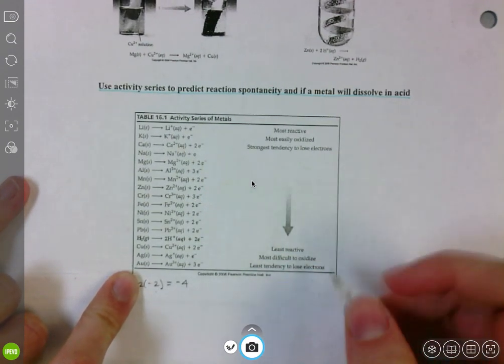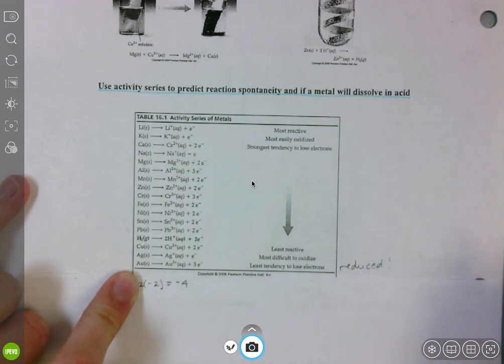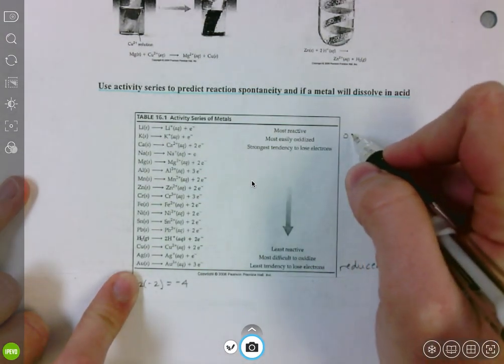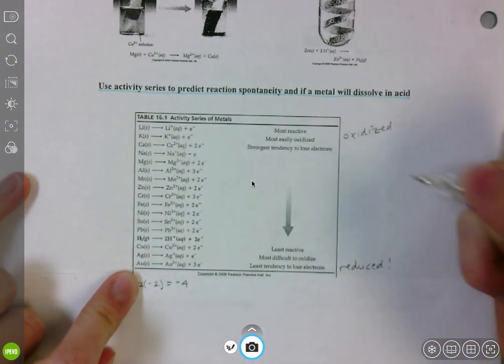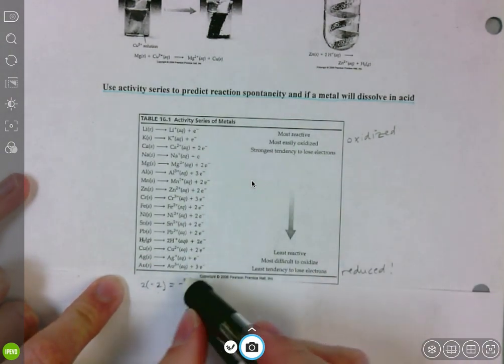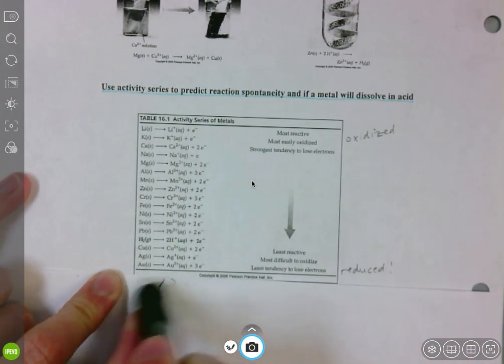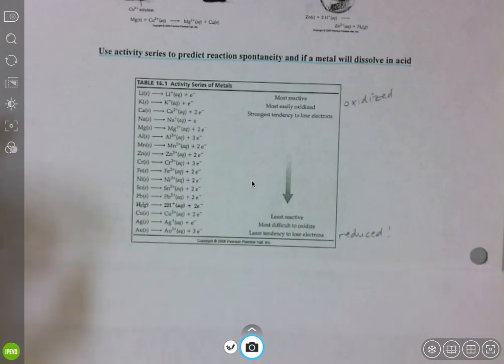So these guys want to be reduced. These guys want to be oxidized. So we need to look at this chart in order to figure out if a reaction is spontaneous or non-spontaneous based on where they are on this spectrum.